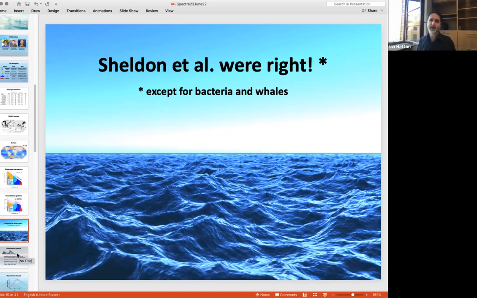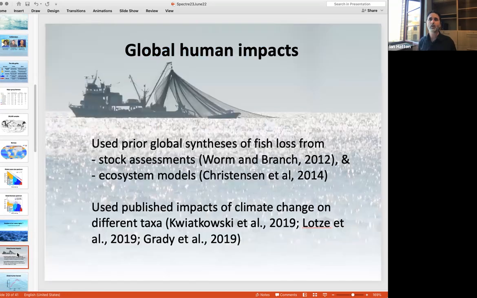And so then once we had these pristine estimates, we wanted to estimate how that has changed up until the present day. And so we used prior global syntheses of fish loss from stock assessments and ecosystem models. We basically took what other people had reported, and we wanted to put it in the context of the size spectrum, which allows this sort of holistic view of marine biomass.